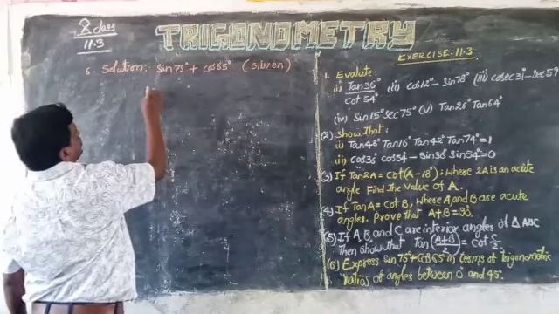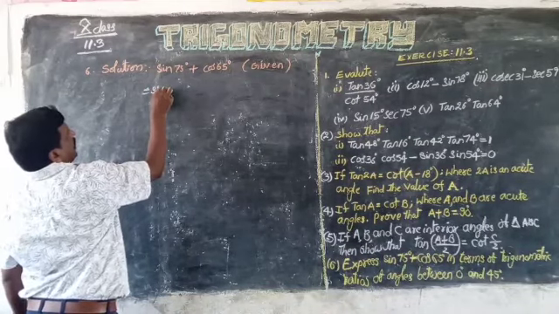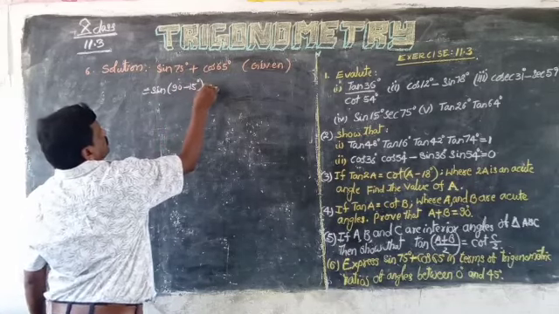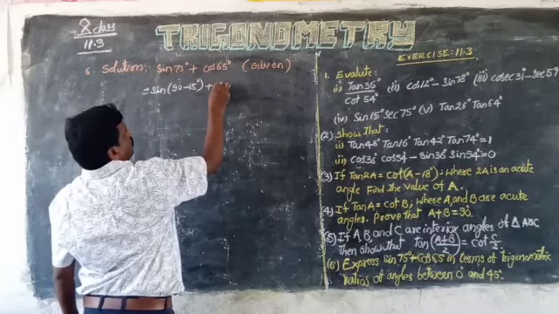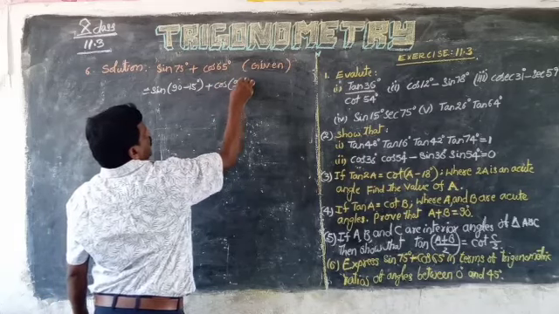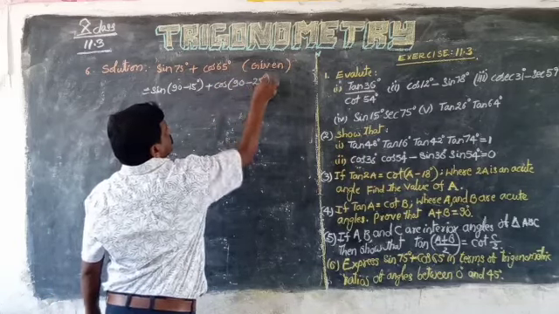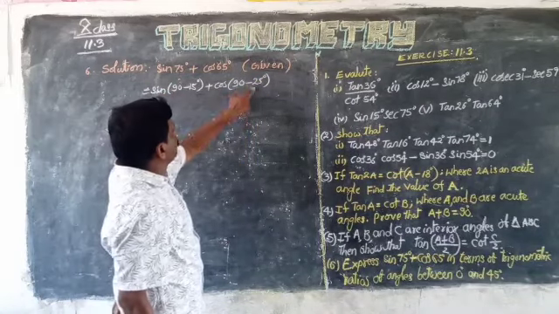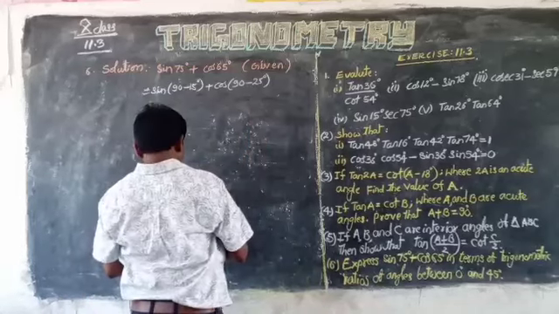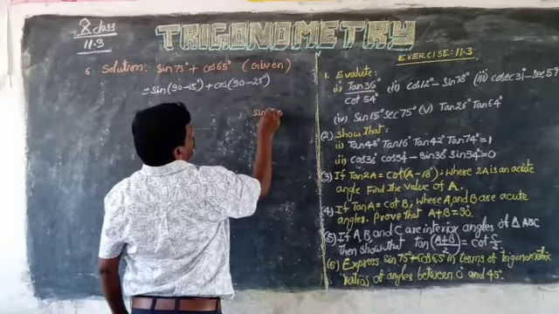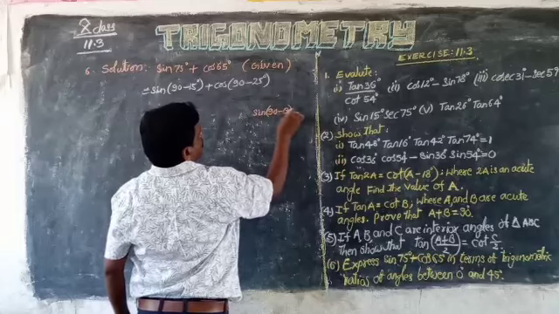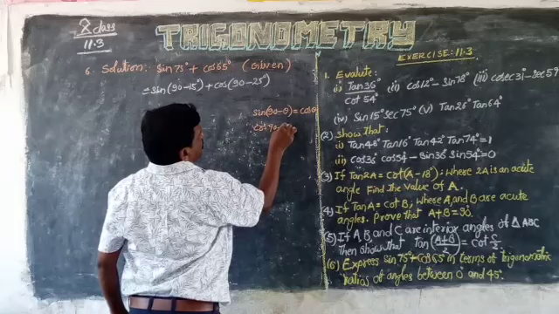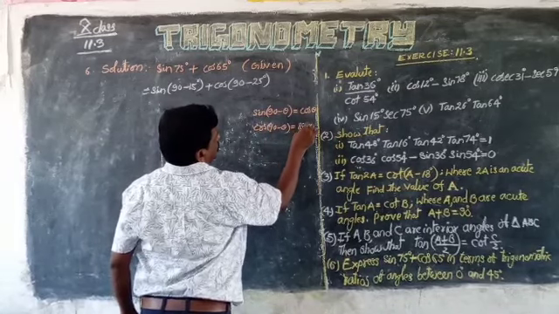Sin 75 degrees is sin(90 minus 15) plus cos 65 is cos(90 minus 25), since 90 minus 15 is 75 and 90 minus 25 is 65. Sin(90 minus theta) is equal to cos theta, and cos(90 minus theta) is equal to sin theta.